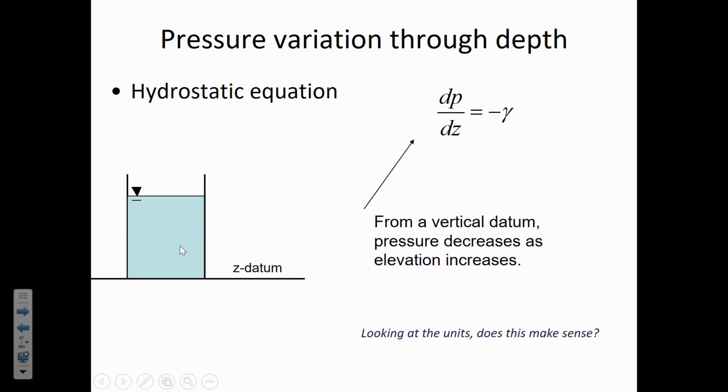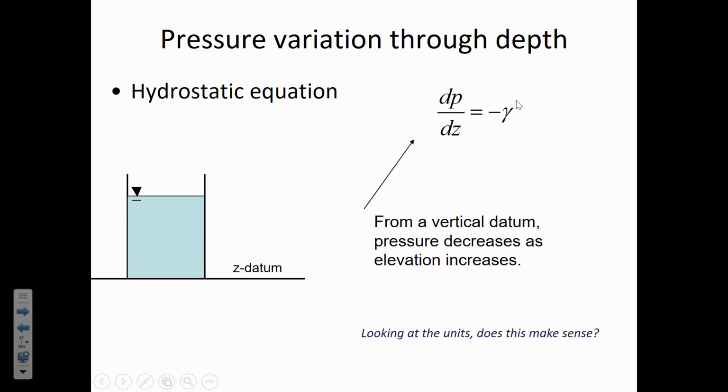And so looking at the units, if we know that gamma is 9810 newtons per meter cubed, and I said if you go down 1 meter, then the pressure increase will be 9810 newtons per meter squared. And so what we do is we multiply the depth times the unit weight, and that gives us the change in pressure.